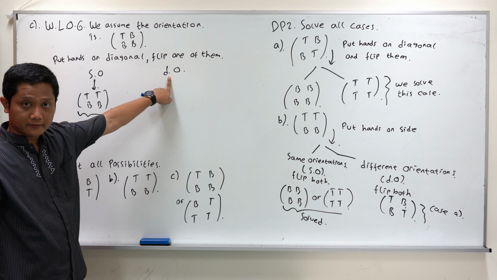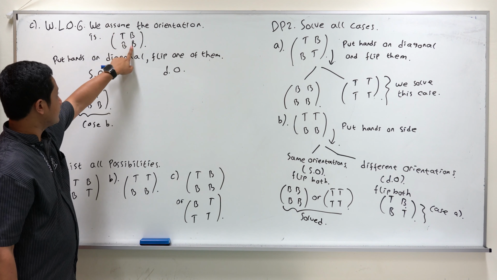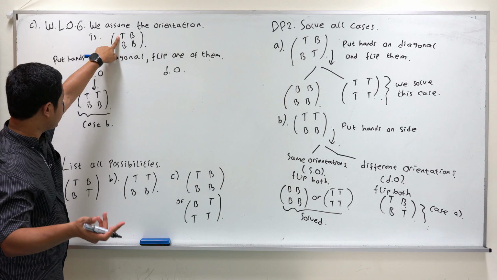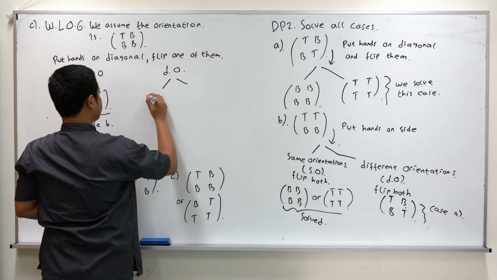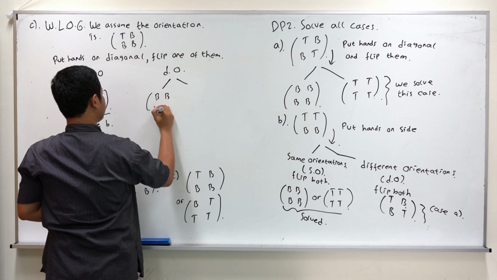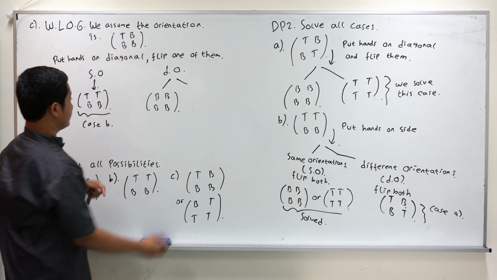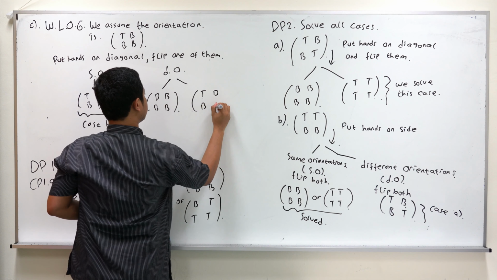And what happens for different orientation? So we get this diagonal. If we get this T, we flip this T, so it's done. We get BB, BB. But if we flip this B, we have TB, BT.